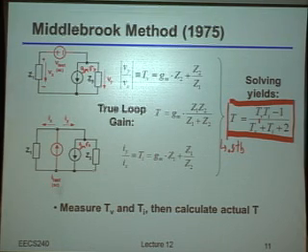And Middlebrook's method is particularly susceptible to this, largely because of the multiplications and subtractions that you have to do to get the final result. So there are other methods that are a little bit more robust from this standpoint, which I can cover if people are interested.